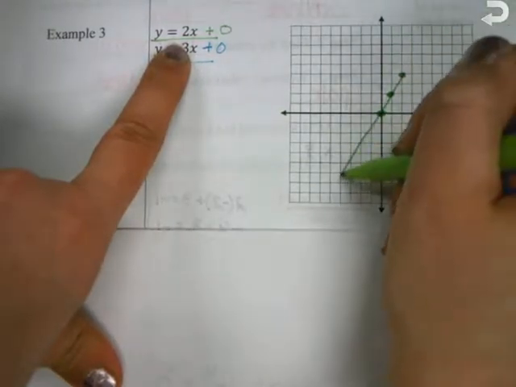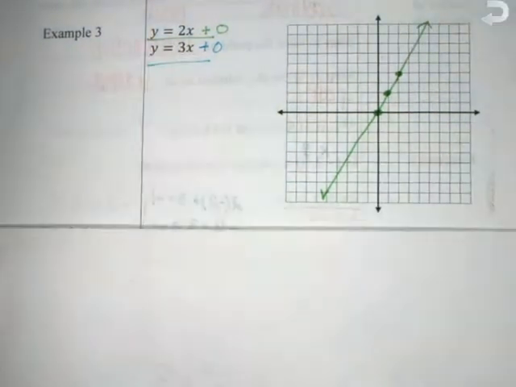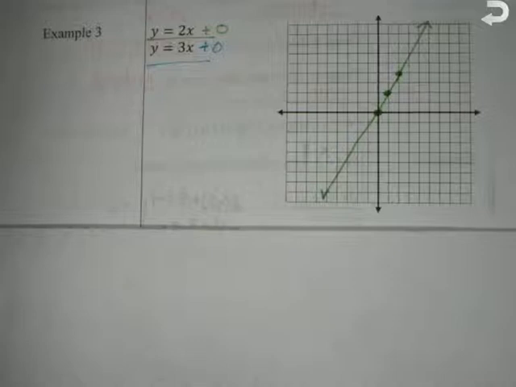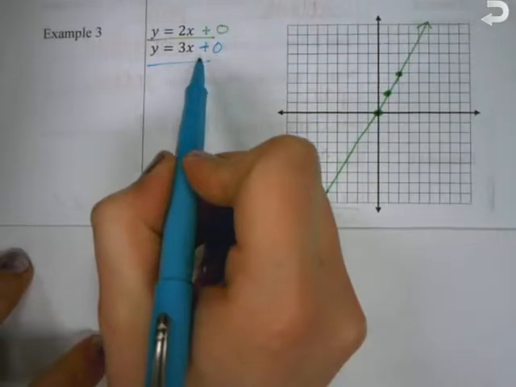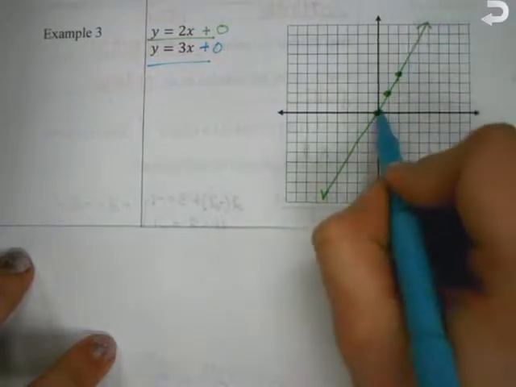Okay, my blue line, the intercept is also 0, 0, but my slope is 3, so I'm going to go up 3 over 1, and then from that point up 3 over 1. So that line is a little bit steeper.